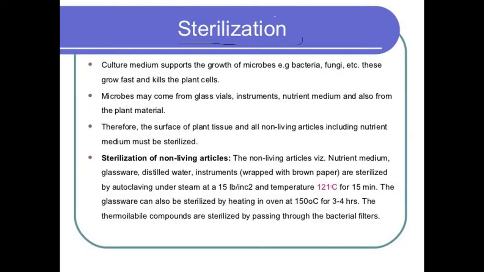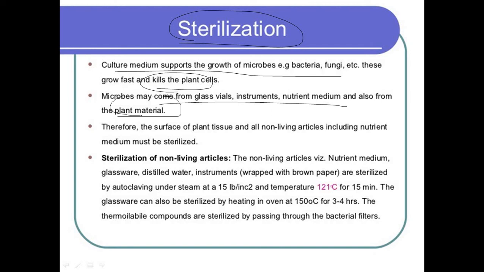Why is there a need to sterilize the media? Because culture medium supports the growth of microbes, and sterilization can kill those microbes. They can come from any source, either from the nutrient medium, instruments, glass vials, or even from the plant material.